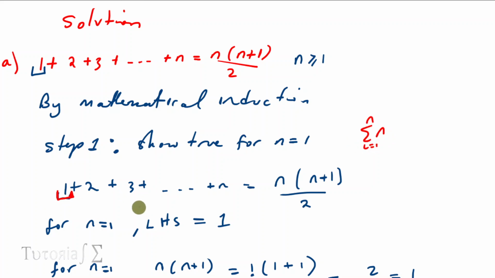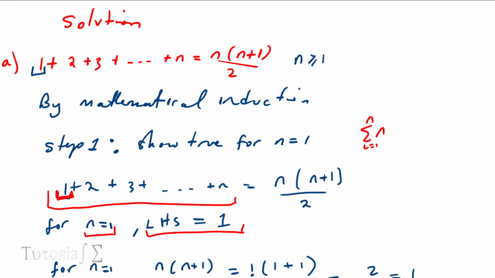So when n is 1, we're just going to have 1 on the left-hand side. This is the left-hand side. When n is 1, we're just going to have the first term here, which is 1.